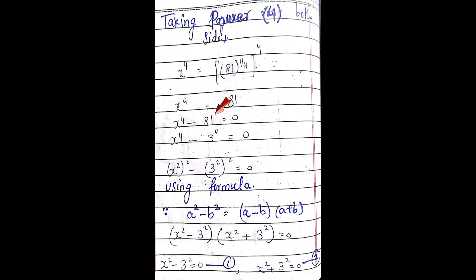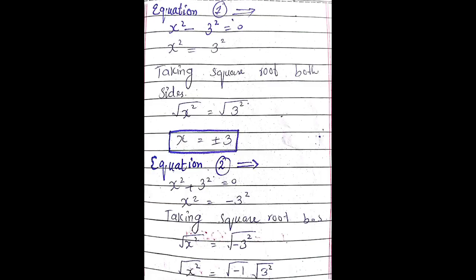Next, shift the right term to the left side. Write 81 as 3 power 4, because both are the same. Then we apply this formula on this. After applying the formula, we can write the terms separately: that is equation 1, and that is equation 2. Let's solve equation 1: x square minus 3 square is equal to 0, taking square root.